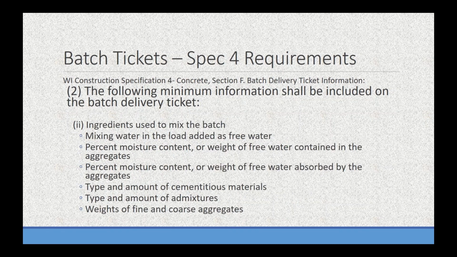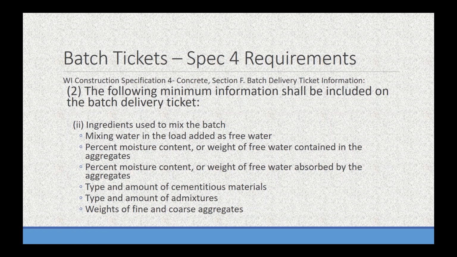So as we move along to section II, it talks about what we need to see as far as the ingredients on the batch ticket. We're going to want the mixing water, the free mixing water. We're going to want the percent moisture of our aggregates so that we can determine the free water that's in the aggregate piles that's going to contribute to the batch water in the mix.